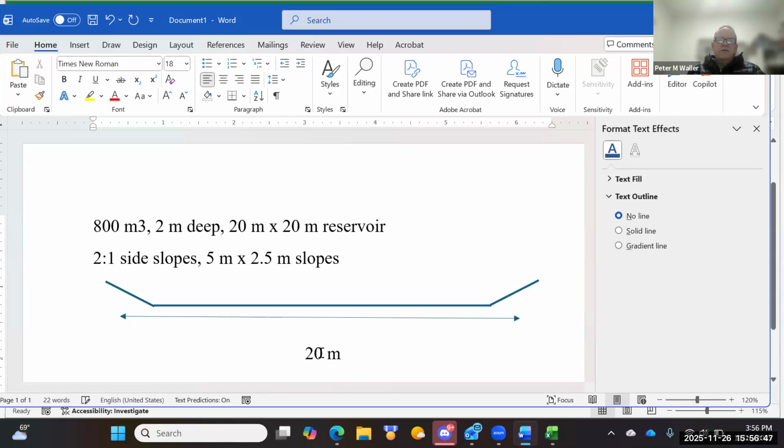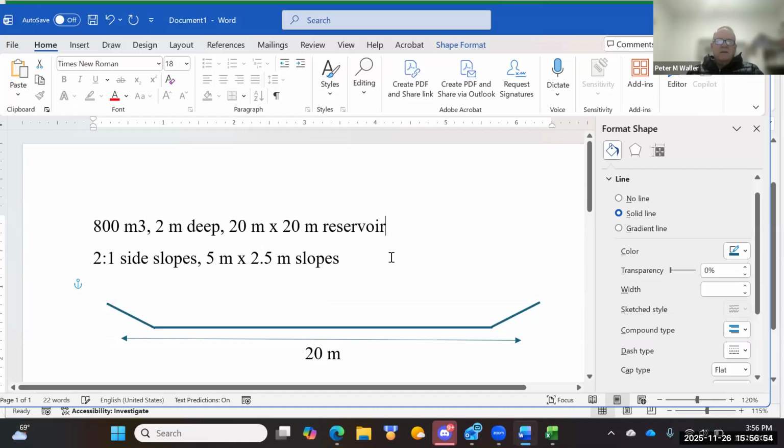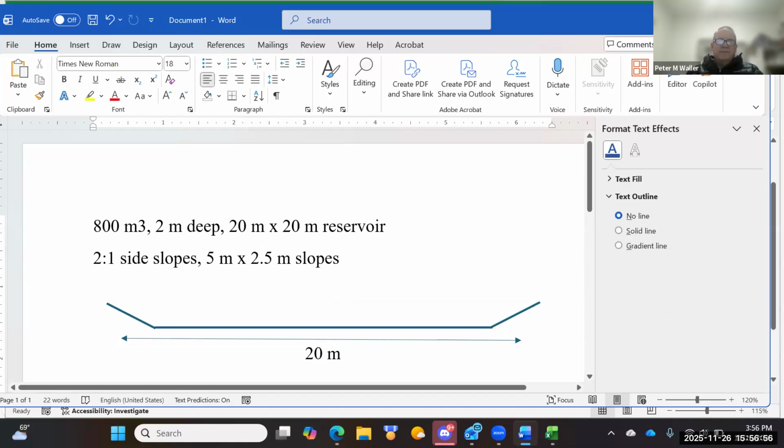So it'll be 20 meters in that direction. Okay, so that's my reservoir design.